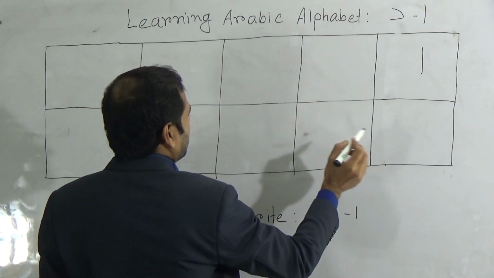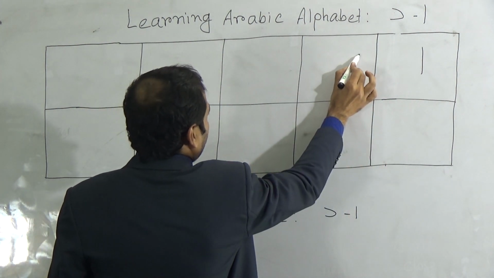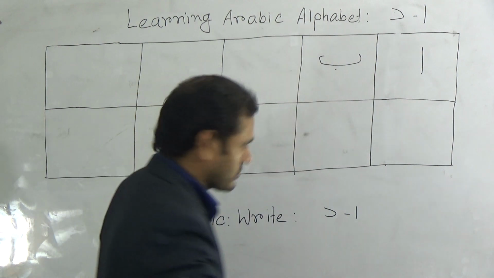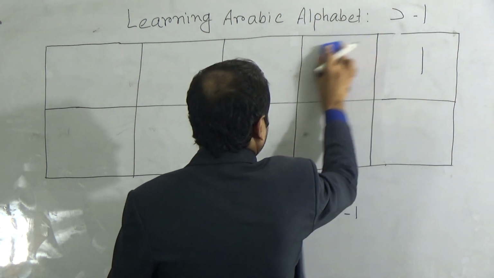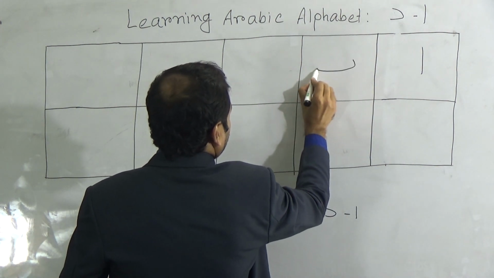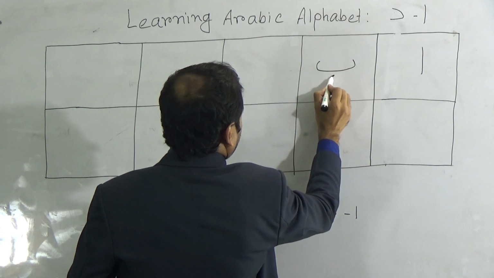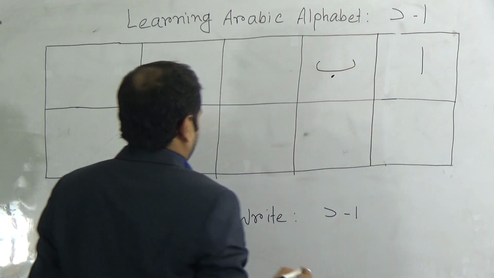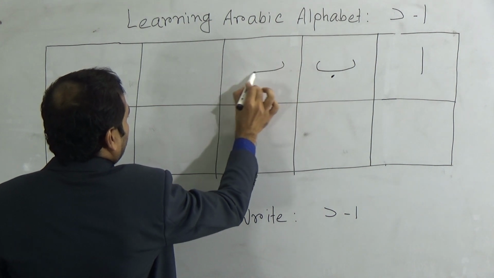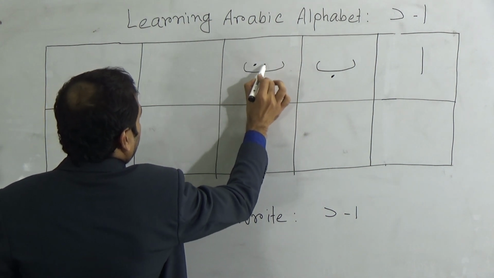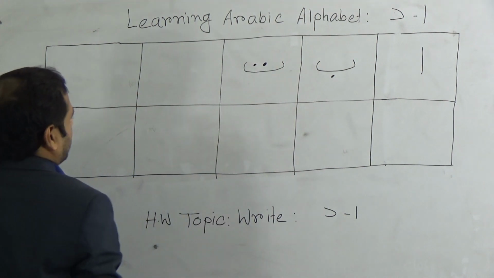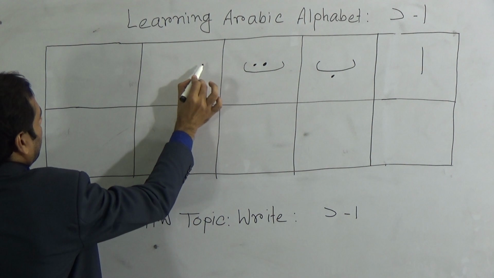The second one is Ba. And the third one is Ta. And the next one is Tha.